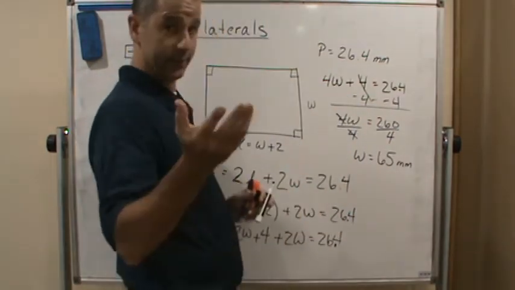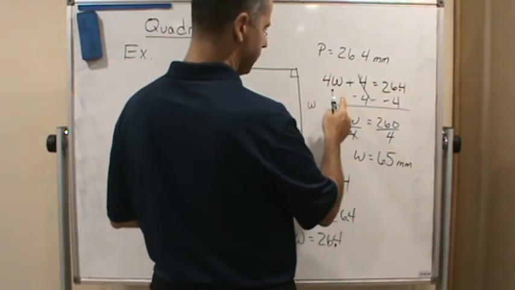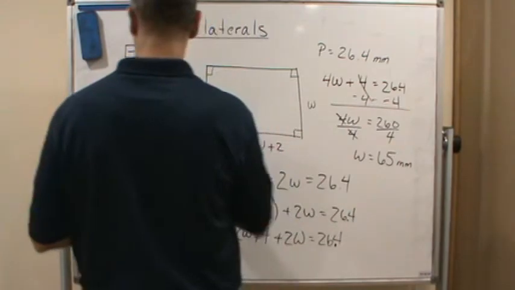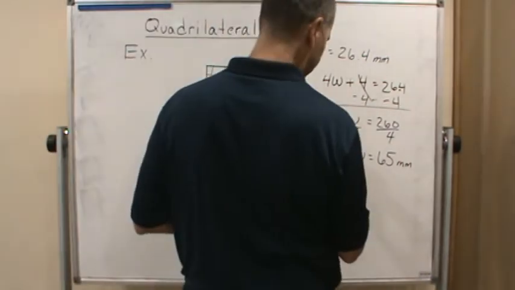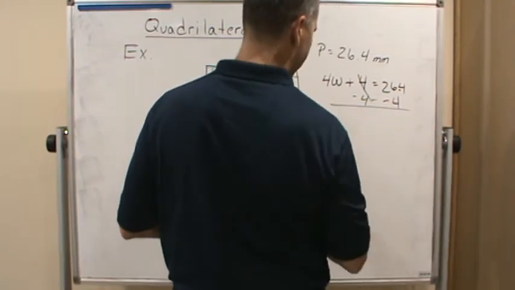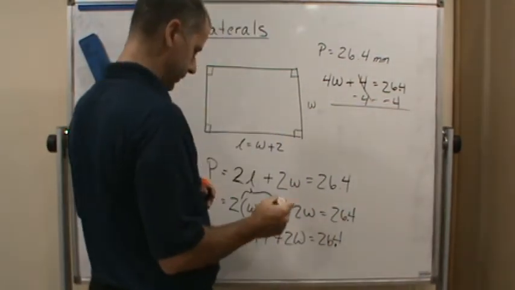Yeah, again, simple mistakes. So 26.4, and now I'm going to subtract off 4. So yeah, that's going to change my answer significantly. So let's go back. Sorry about that.